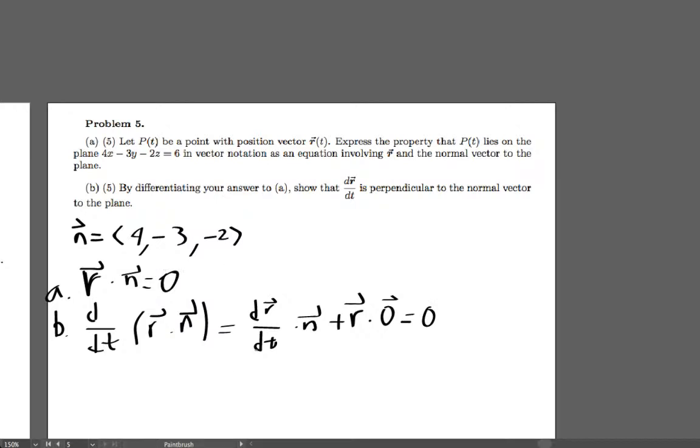That means that when you do the entire thing, you notice that dr vector over dt dot n vector would equal 0. That means these are perpendicular to each other, and that's the solution. Well, I guess that's the answer.